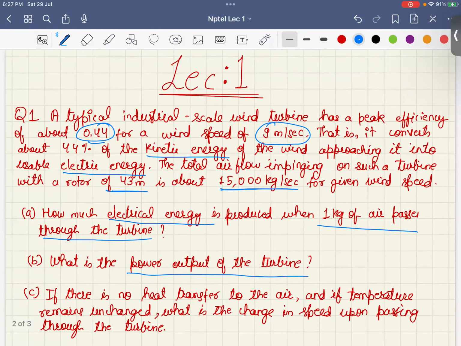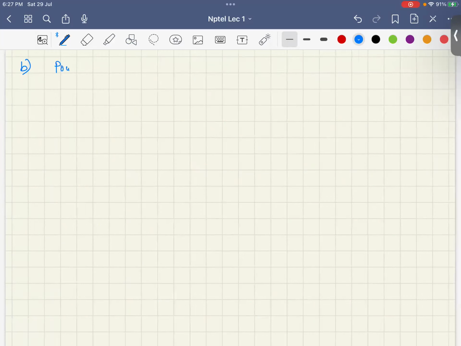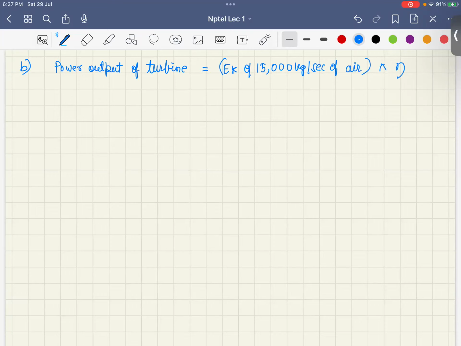So the power output of the turbine is the kinetic energy of 15,000 kg per second of air multiplied by the efficiency, which is half mv square multiplied by 0.44.